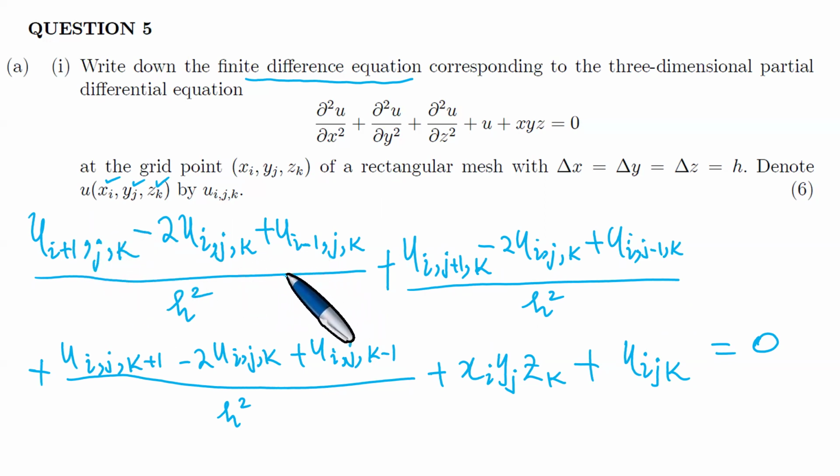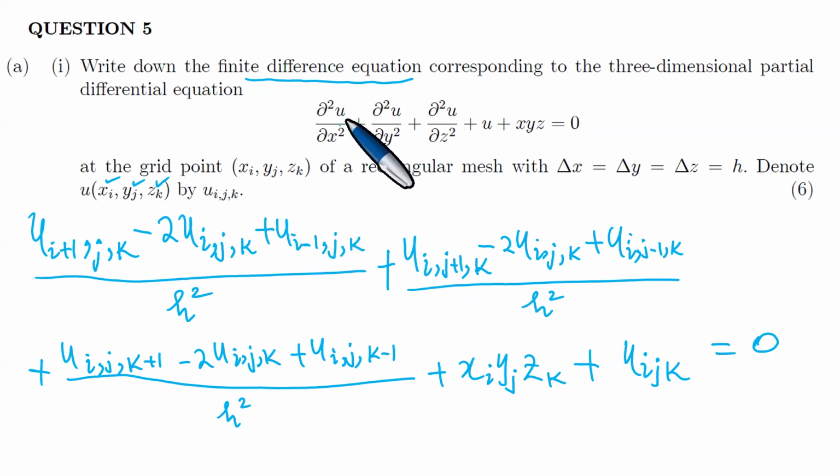This is like calculus, the first principles of differentiation applied to partial differentiation for second order equations. So for d squared u dy squared, you have u i j plus 1 k minus 2 u ijk, and then j minus 1, which is the middle component in the last term that is affected.